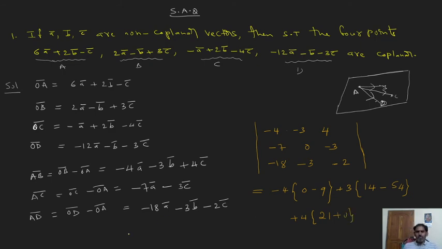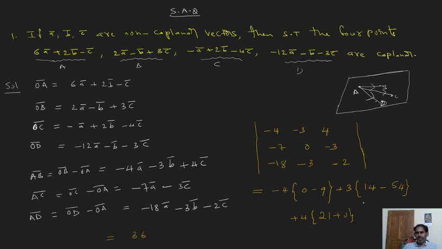So find out this value now. Minus 4 into minus 9, that is 36. Next, 14 and 54, that is 40. So plus 3 into, we are not getting 0 here because all are plus.